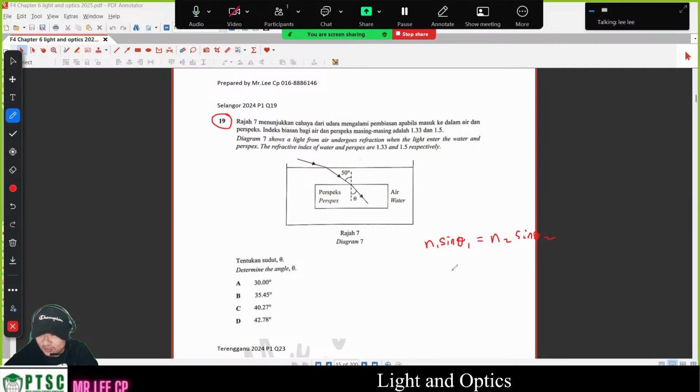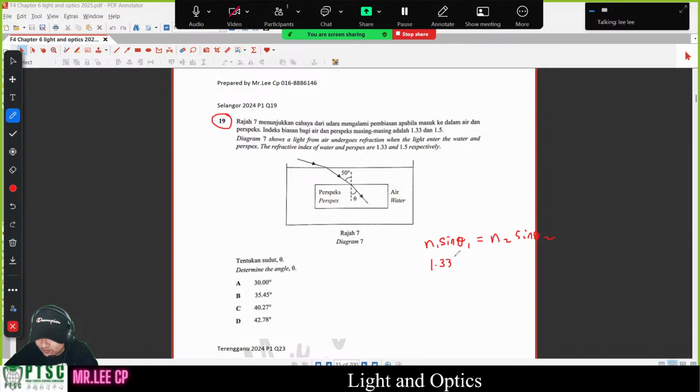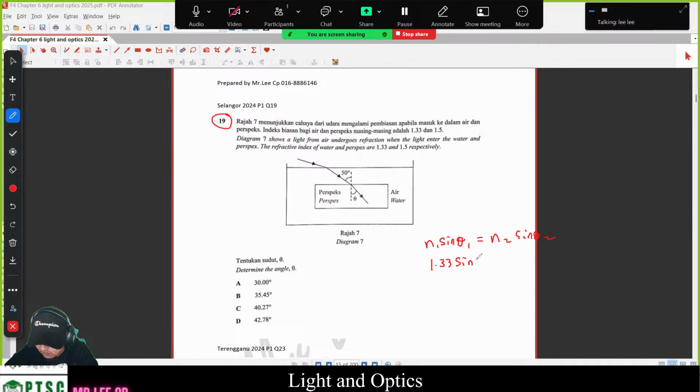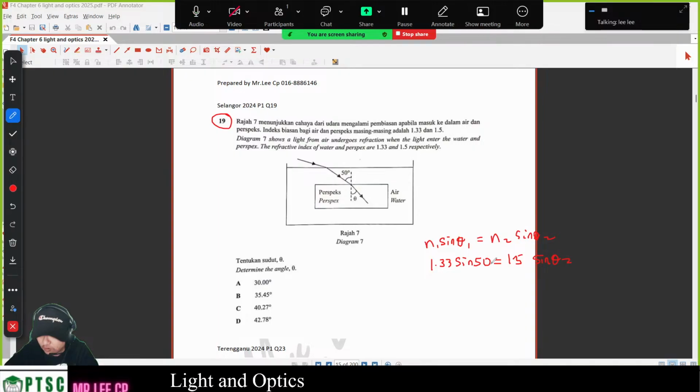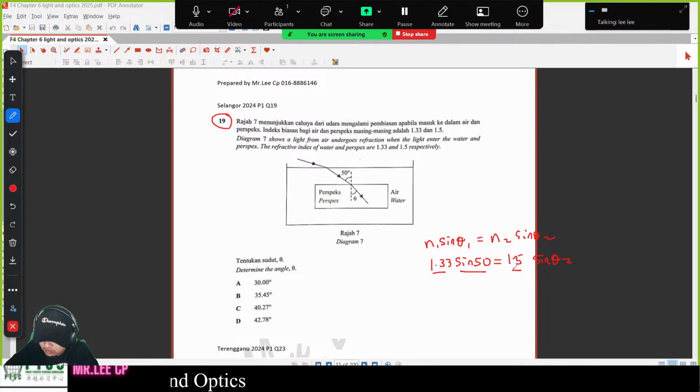Water 1.33. Okay, and then water here it is 50, sine 50. N2 is 1.5. Sine theta 2, I don't know. Alright, so you press calculator, this one times this one, divide by this one.